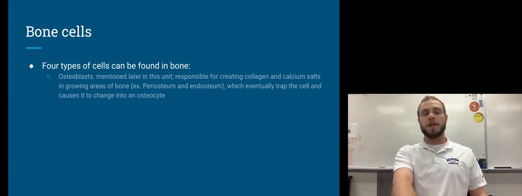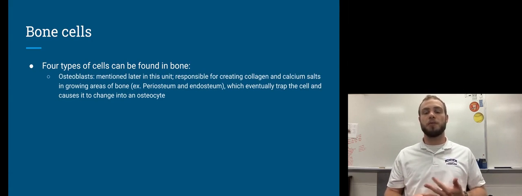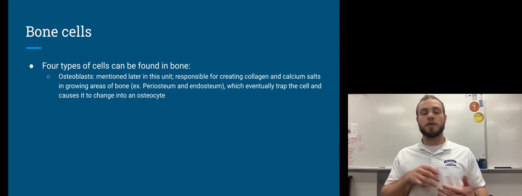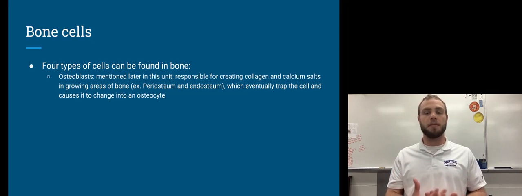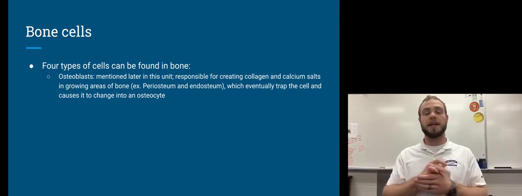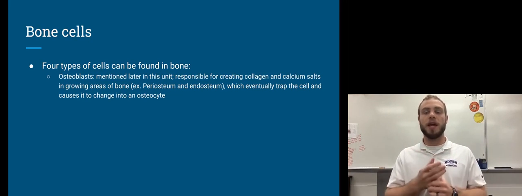You have four types of cells that can be found in bone. You have your osteoblasts, which are going to play a role later in this unit. But osteoblasts are responsible for creating the collagen and the calcium salts in areas to grow bone. So think this is going to be areas like the periosteum and the endosteum, which we'll get to later. Eventually, when those osteoblasts are depositing that collagen and those calcium salts, they're going to be depositing it around them, and it's eventually going to trap them in a little cage, if you will.